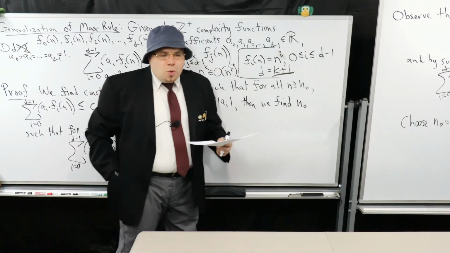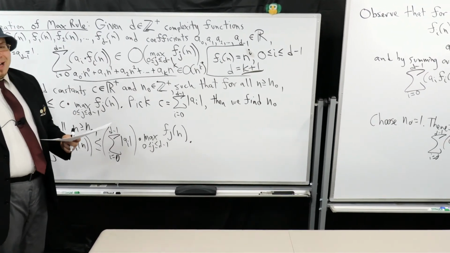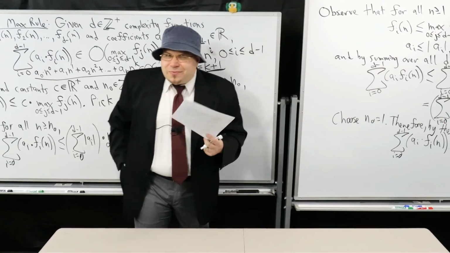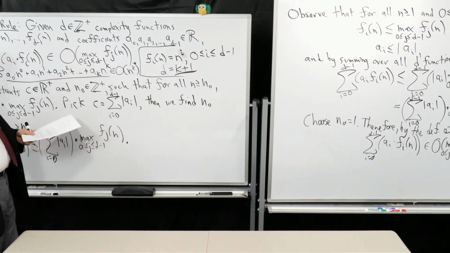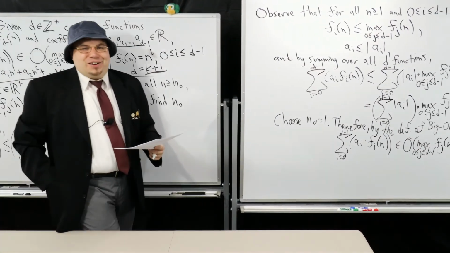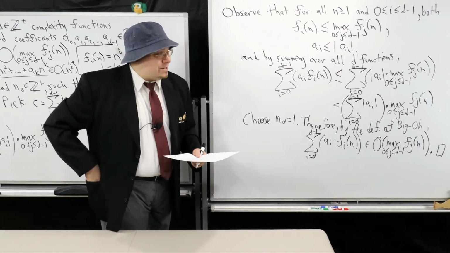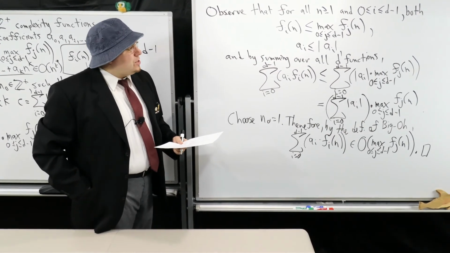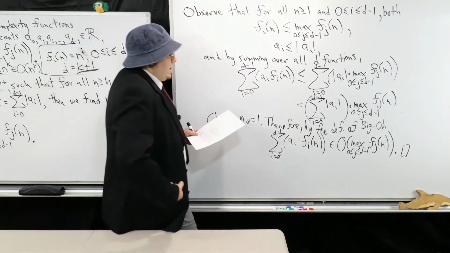I want to show you where exactly in the proof you might recall us using this idea. This is the part where I've got to disappoint you a little bit: a lot of the work in this proof is actually done by the max function. The max function is doing all the heavy lifting in this proof. So I'm going to show you where exactly this happens for the polynomial case.